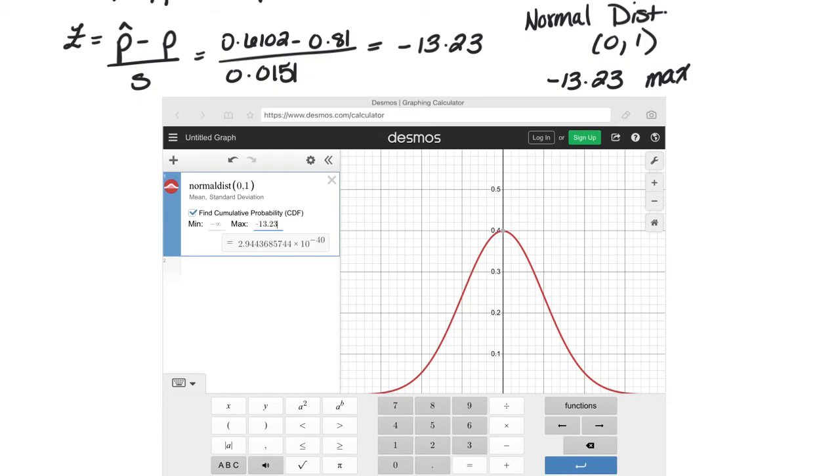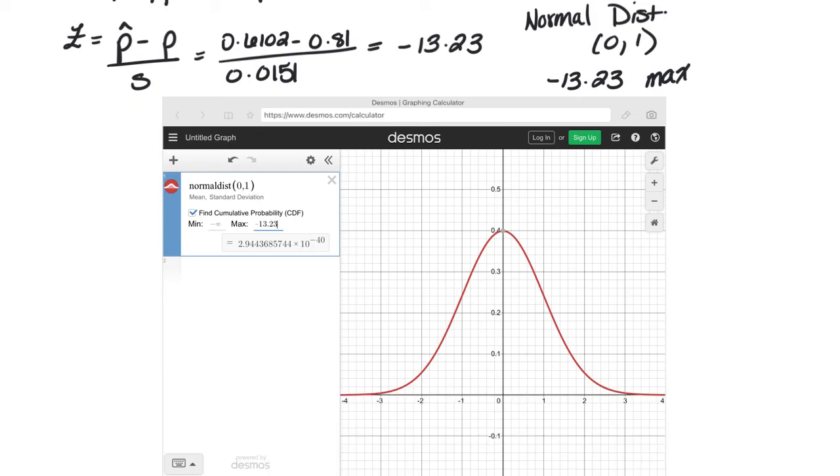And I can see that my probability is 2.9 times 10 to the negative 40. What that's stating is that there are 39 zeros in front of that, which means this is significantly close to a proportion or probability of 0.